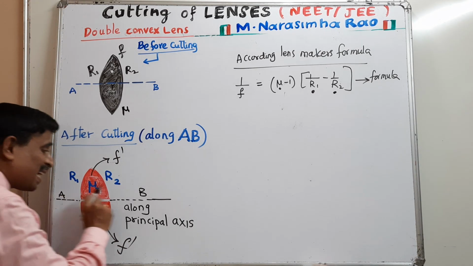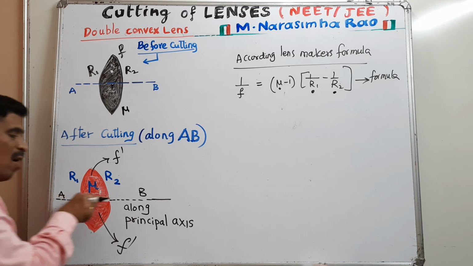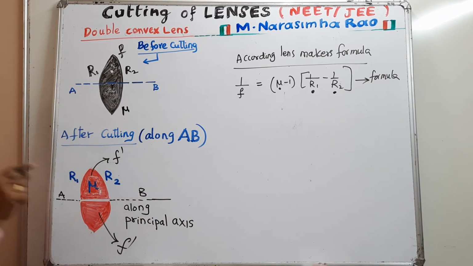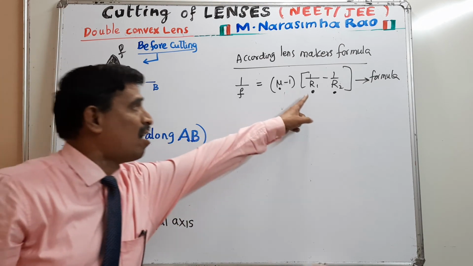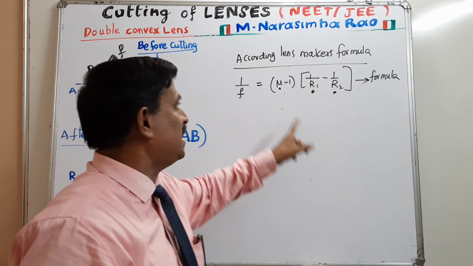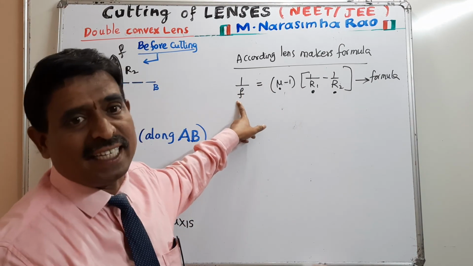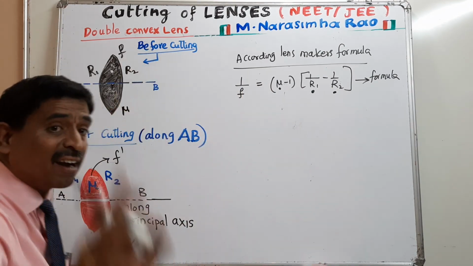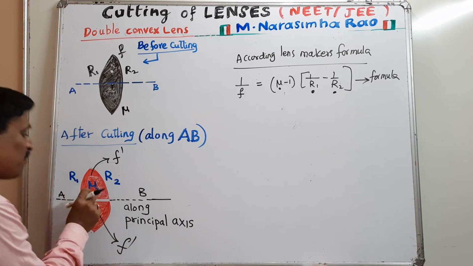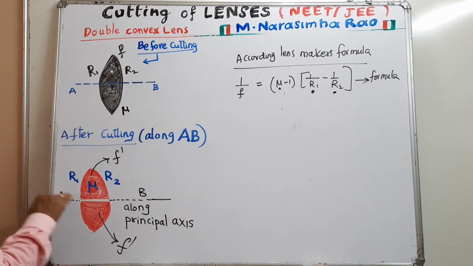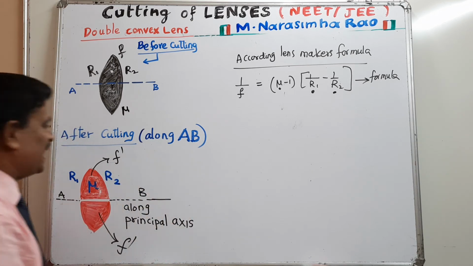Now after cutting horizontally along the principal axis of the lens, the focal length of each piece is f dash. R1 is not changing, R2 is not changing, refractive index is not changing. Finally f is not changing. The focal length of the lens does not change after cutting the lens along the principal axis.